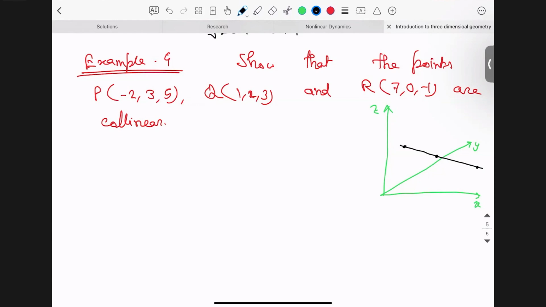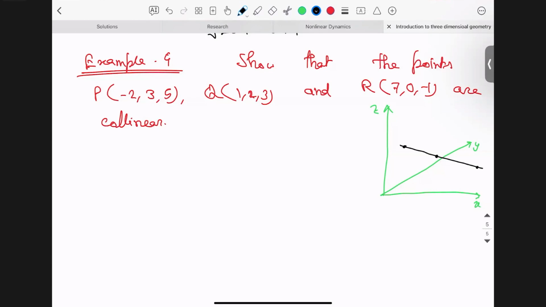For that, you can use the equation of the straight line passing through 2 points, and check whether the third point satisfies the equation or not. This is one way.